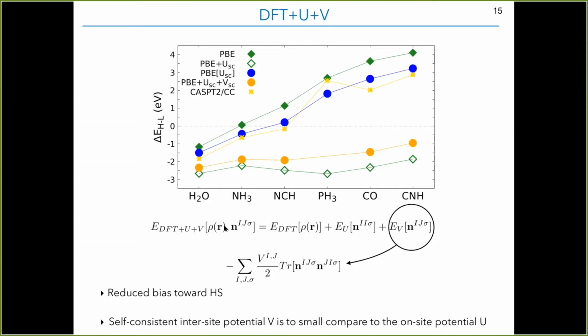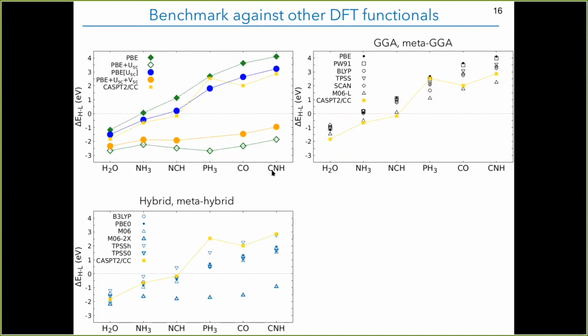As expected, the introduction of the intersite V potential reduces the bias toward the spin, but at the same time, the computed self-consistent values for the intersite potential V are too small compared to the on-site potential U, and so this bias is only partially removed.